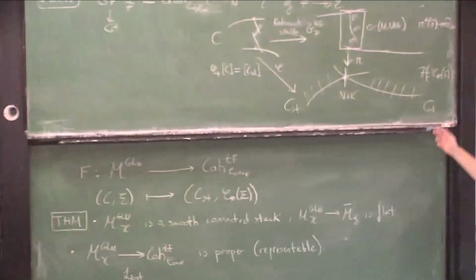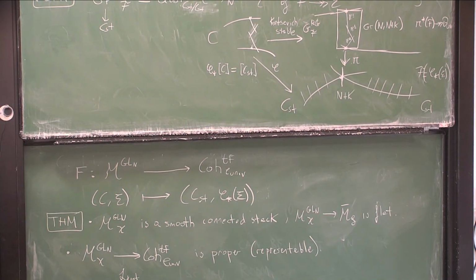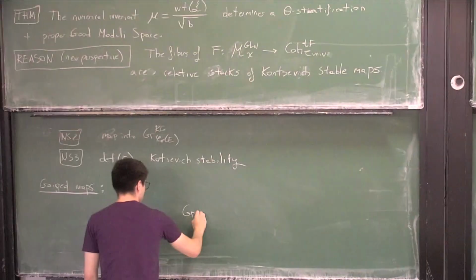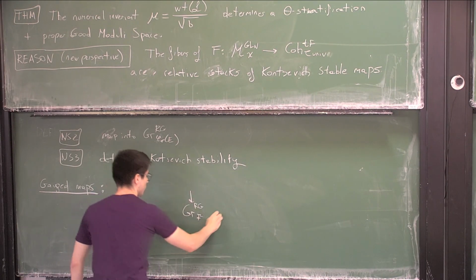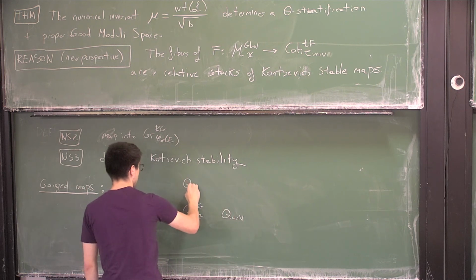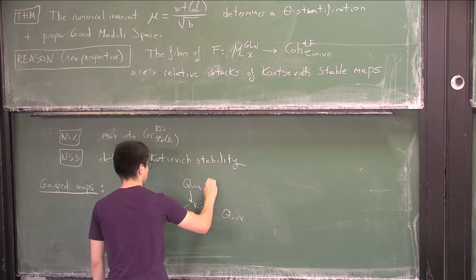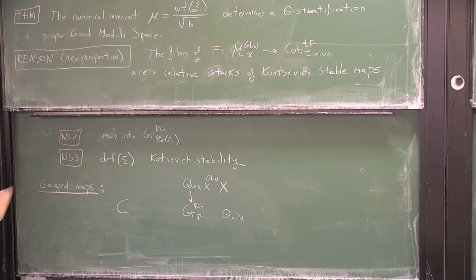So let's just modify this picture a bit. Instead of taking a map into that Grassmannian, I'm going to take a map as follows. I'm going to have this Grassmannian. Here I'm going to take the universal GL_M bundle, and I'm going to twist it by the projective GL_N variety that we have.